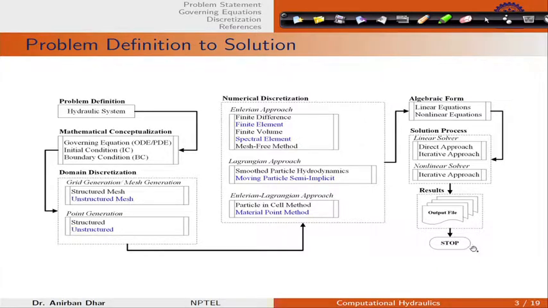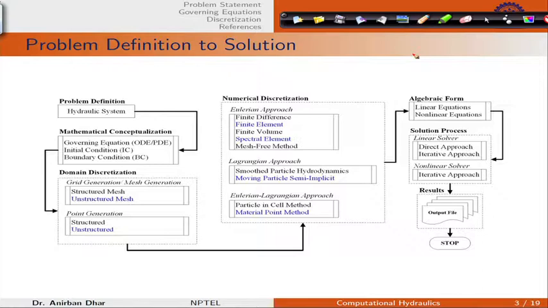Problem definition to solution. In this case, we will be considering one dimensional space as variable, because along pipe length there will be variation, but will not consider 2D or radial directions in our calculations.